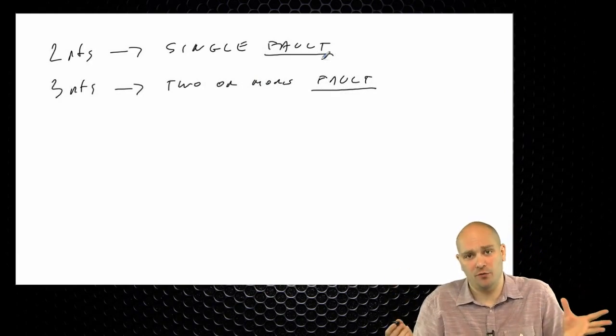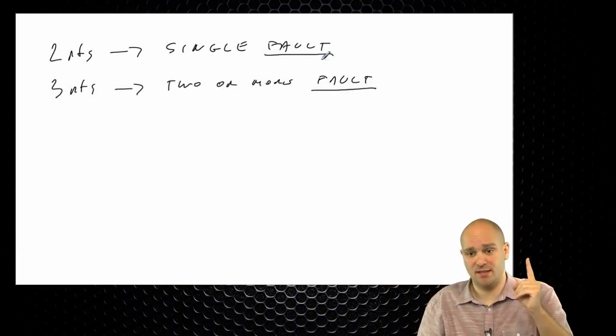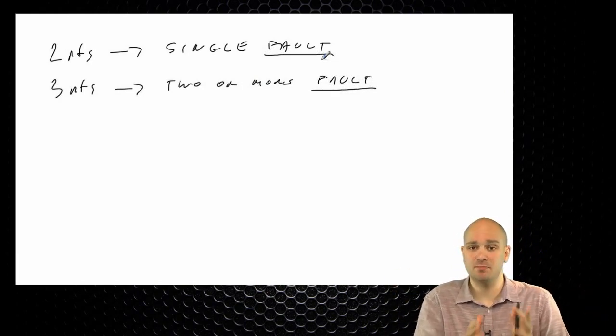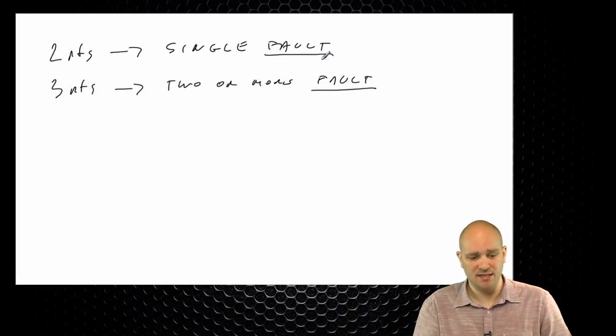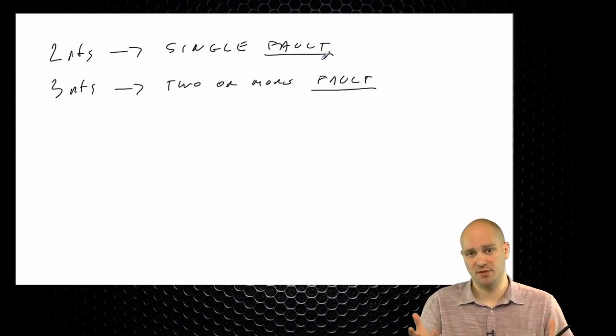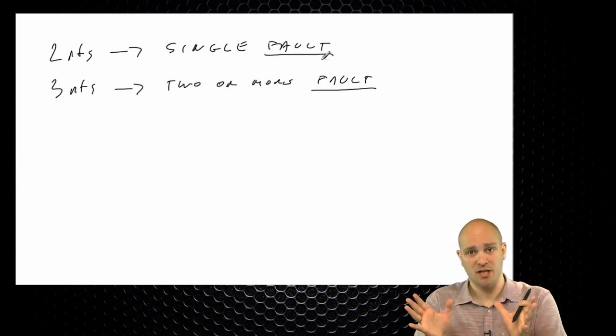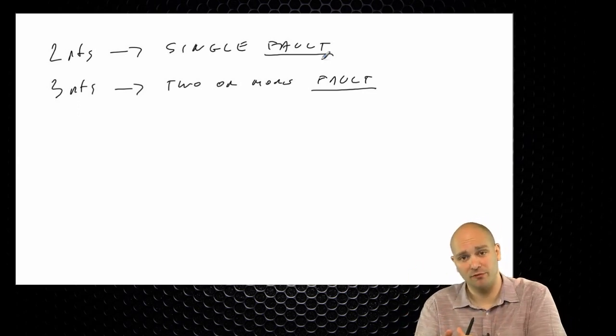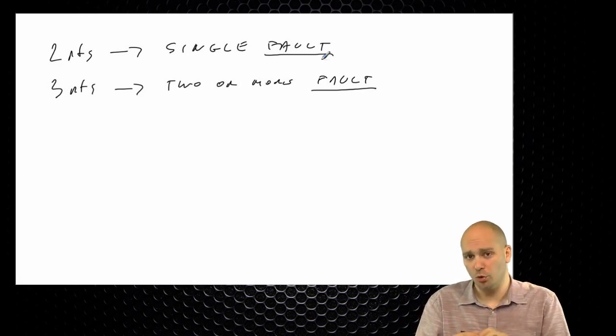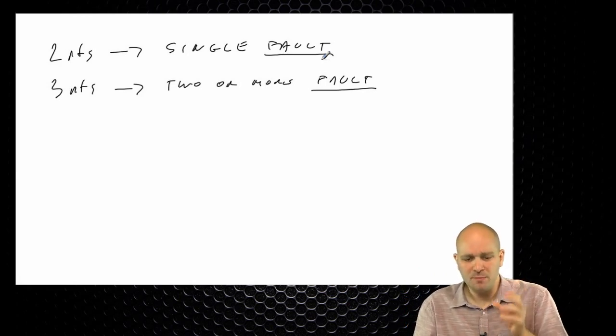What could the fault be? Well, in one case, a single fault could be just, let's say, a mismatched password on one router. In some cases, it could be a mismatched password or password authentication on multiple routers, but it's still considered to be a single fault.